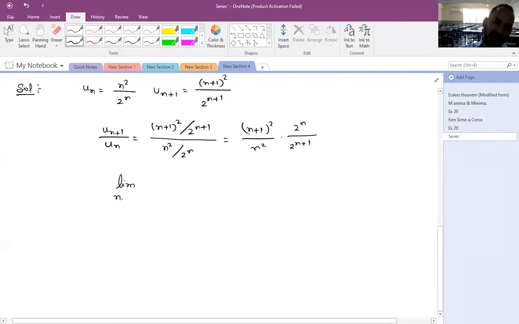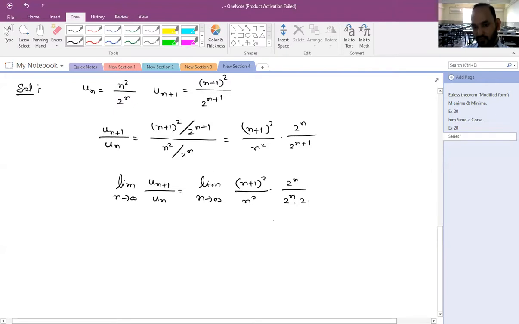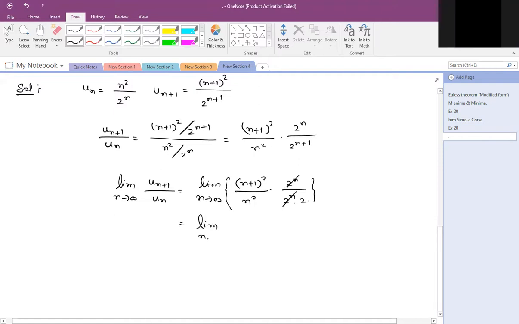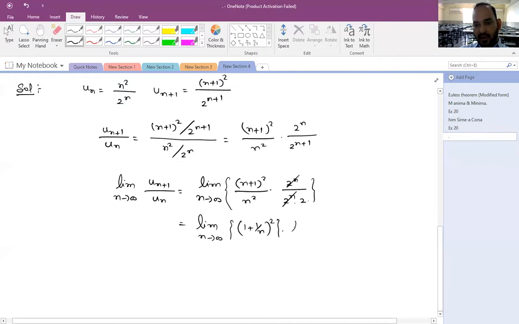Now limit n tending to infinity of un plus 1 upon un is limit n tending to infinity of n plus 1 whole square upon n square, times 2 raised to n upon 2 raised to n into 2. Fine. These two are eliminated. Now this is limit of 1 plus 1 by n whole square, into limit n tending to infinity of 1 by 2.